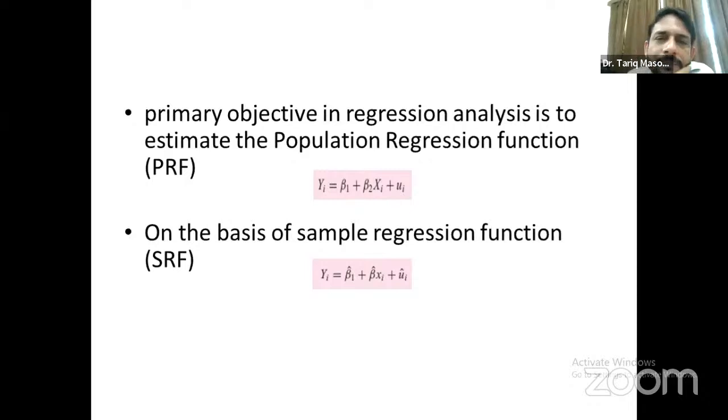Now I need some response, at least some response. Why is it difficult to cover the whole population? Why can we not conduct a census?